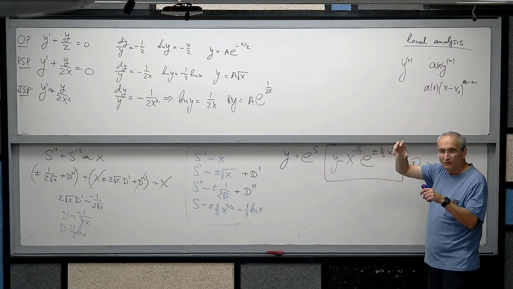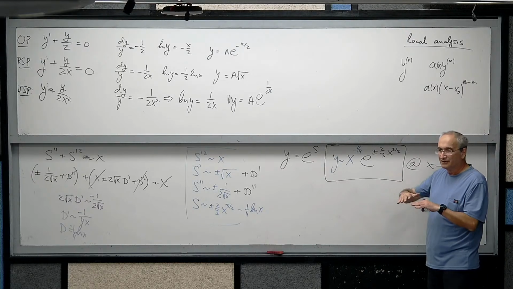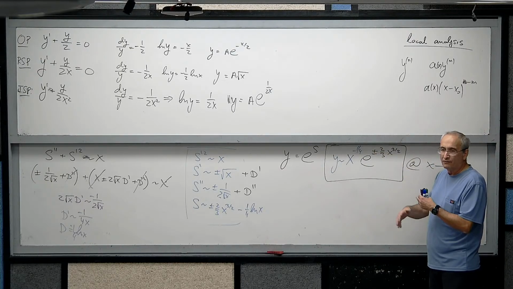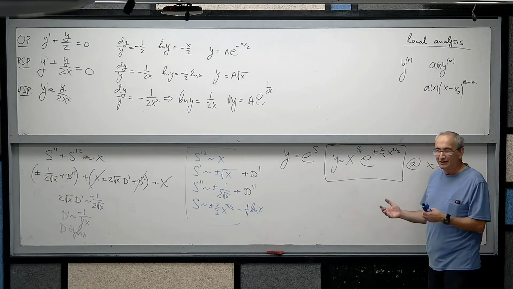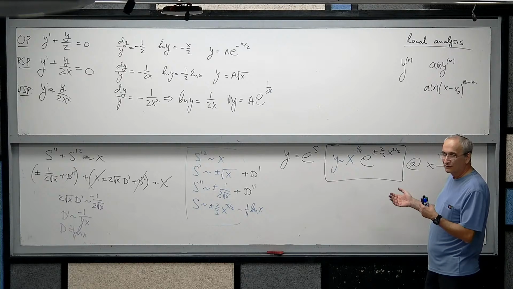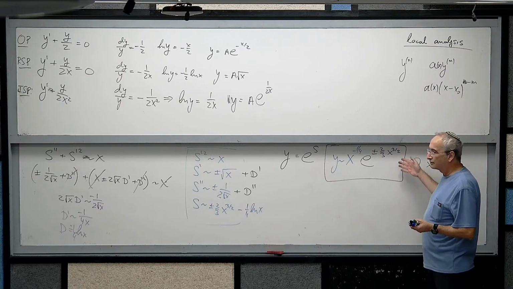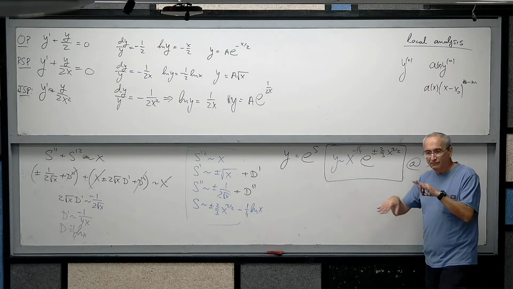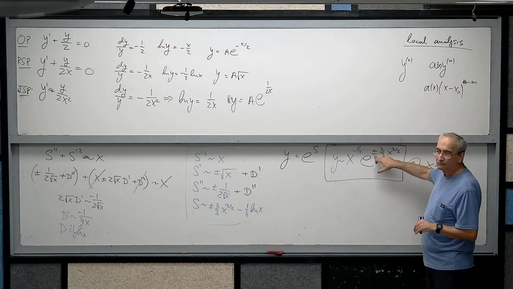That's why they have to choose the coefficients like that, in order to have one that blows up and one that decays. Any other combination will blow up, because if you add the Airy to the Bairy with whatever coefficient, it will blow up to infinity. So to distinguish between the two behaviors, they took coefficients such that one of them is pure plus and one of them is pure minus.